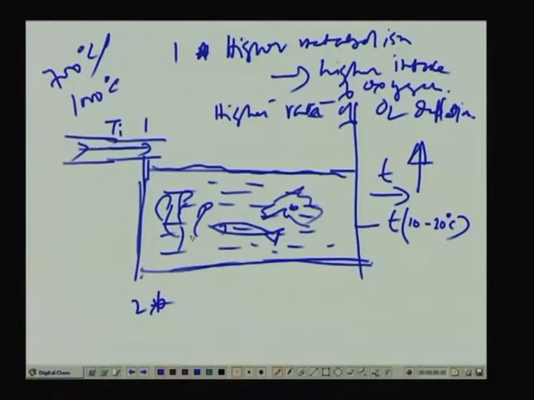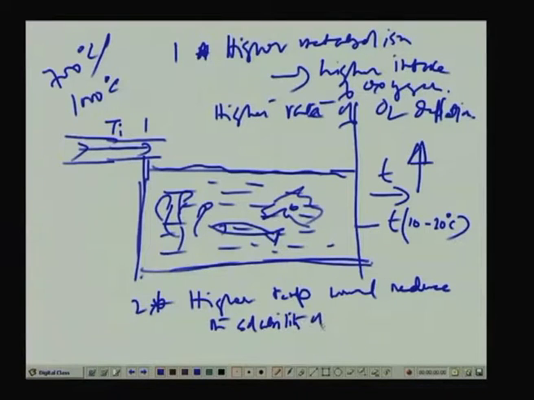On the other hand, higher temperature would reduce the solubility of oxygen in water.